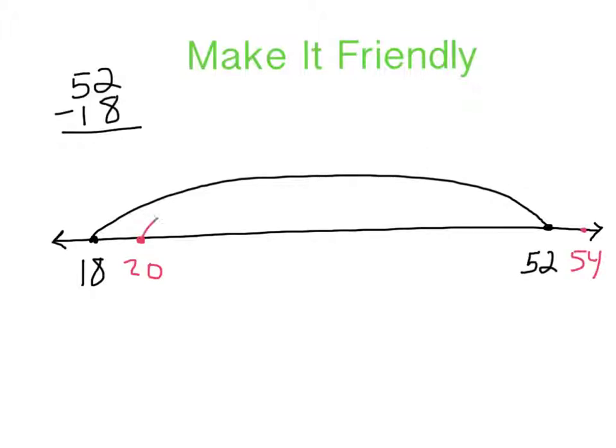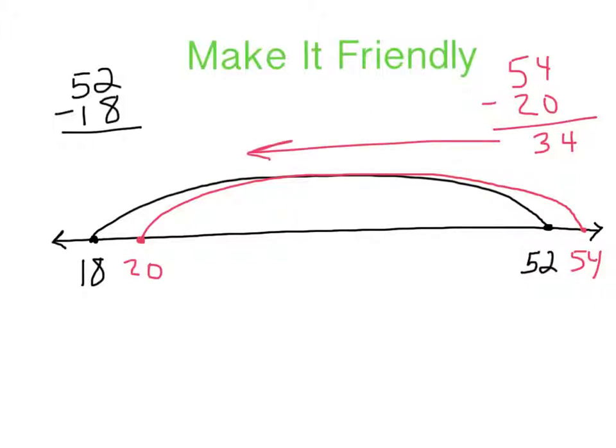You can see that the amount that we're jumping on the number line hasn't changed, but the numbers, 54 minus 20, might be easier to subtract now. 4 minus 0 equals 4, and 50 minus 20 equals 30. If you have the ability to look at that distance and know that it's the same as 52 minus 18, you can do the easier problem and know that the answer to 52 minus 18 is 34.